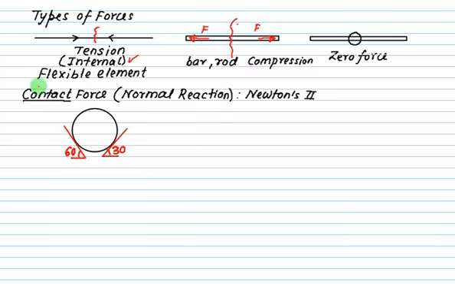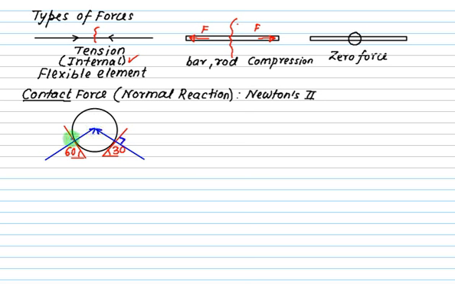So we have a cylinder here resting upon two surfaces. One makes an angle of 30, another makes an angle of 60. So the force will pass. Force is always perpendicular to this plane and will pass through the center. This force is also perpendicular and will pass through the center. That is called normal reaction.